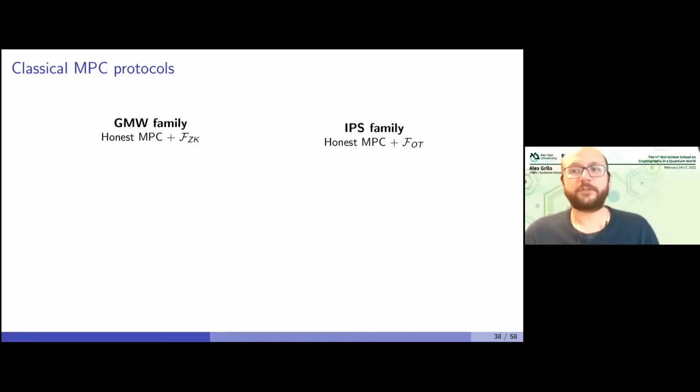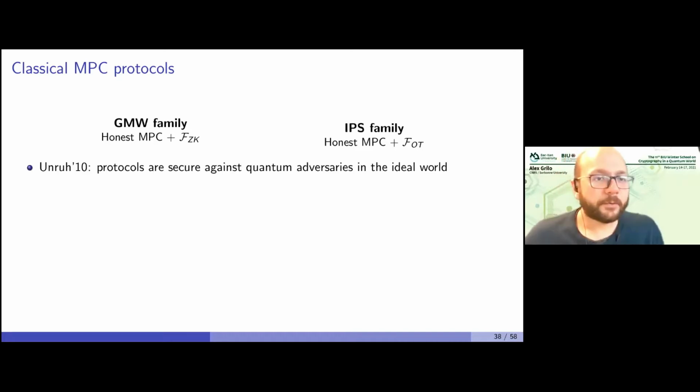These protocols, as I said, work in the classical setting. But Unruh in 2010 showed that the protocols are also secure against quantum adversaries if we implement these ideal functionalities also against malicious quantum adversaries.